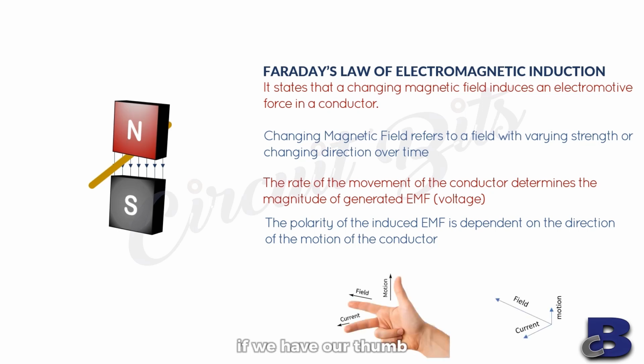If we have our thumb, first and middle fingers in these positions, our thumb representing the direction of the motion of a conductor, our first finger the direction of the magnetic flux, then our middle finger will represent the direction of current flow through the conductor.